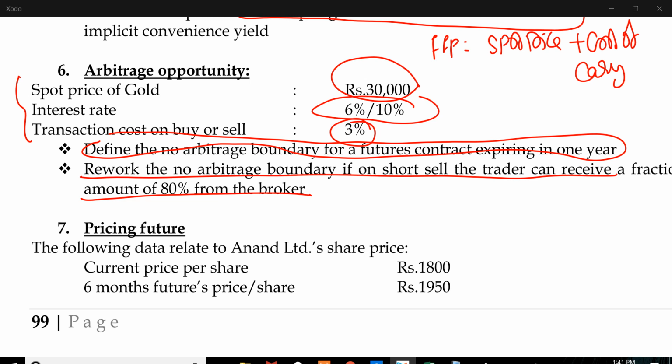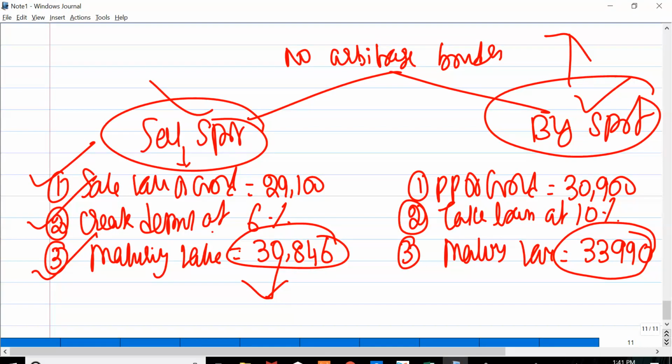So let's do this. Next, short sell scenario. Again, sell spot, buy spot. Buy spot, you copy paste the same thing.